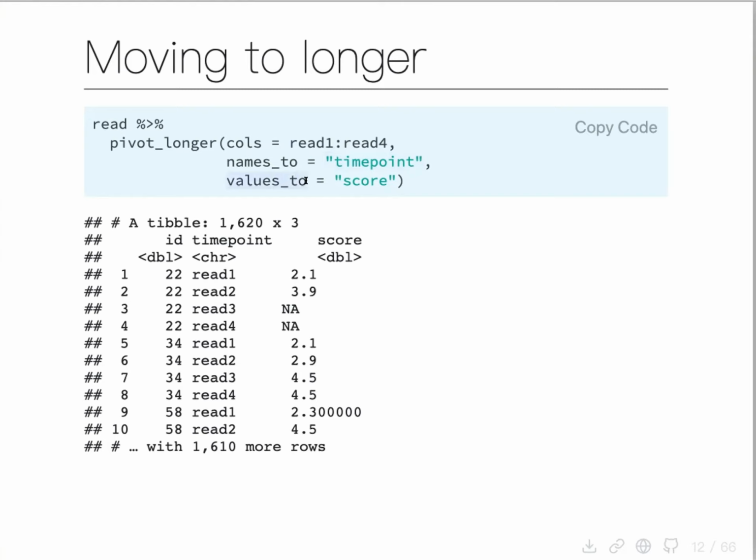And then the values from those columns are going to go to their own new column, which I'm calling score, but you could call it recognition or read recognition or whatever, anything you want. So these 2 values are completely up to you. They just have to be something that's interpretable to you. But basically, whatever columns you put in here are going to move to 2 new columns. The names_to is going to be the column that has the old names, and the values_to is going to be the one that has the old values.